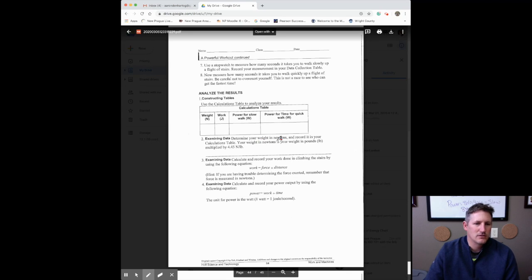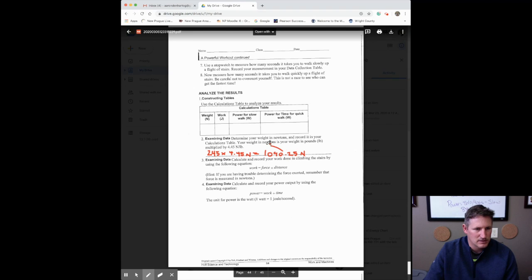Your weight in newtons is your weight in pounds multiplied by 4.45 newtons per pound. So I weigh 245 pounds. I'm going to times that by 4.45 newtons, and I get 1,090.25 newtons.